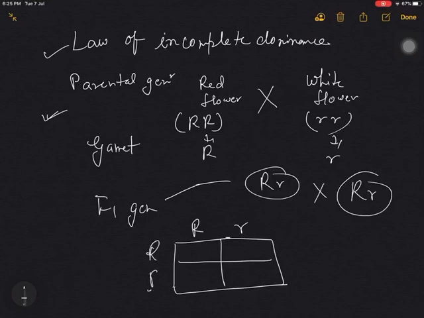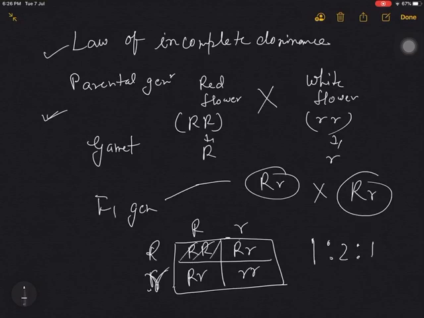On the left-hand side, R and r. So again we get capital R R, R r, R r, r r. What do you notice? That 1:2:1.